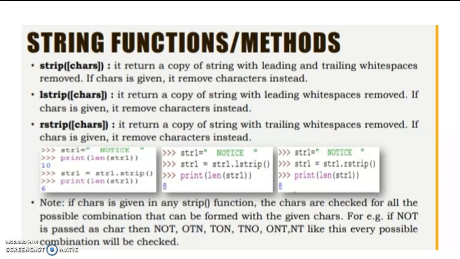That is, when you send NOT, then it will check for NOT, OTN, TON, TNO, ONT, NTO. Like this every possible combination will be checked. When you pass any characters, then all the combinations with those given characters will be checked by these strip functions.